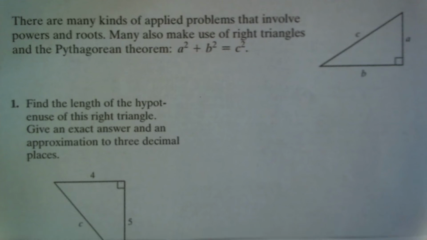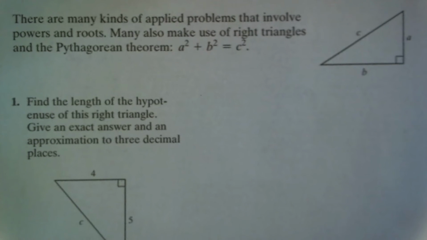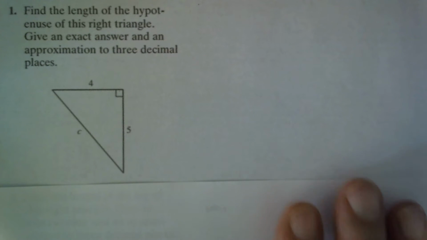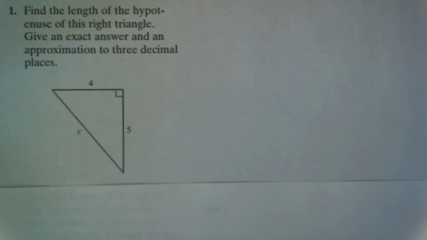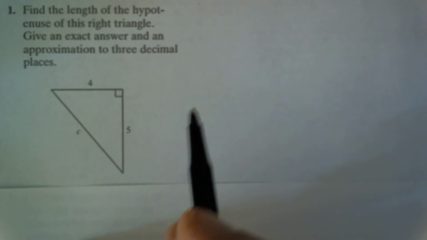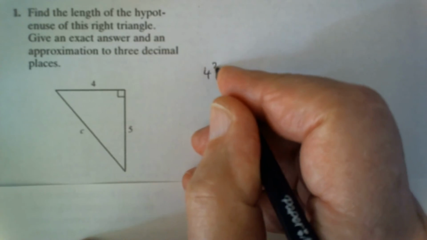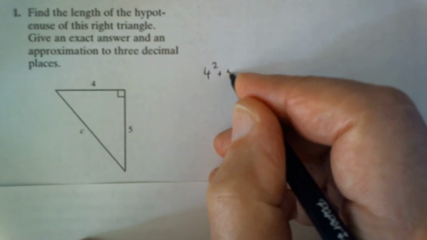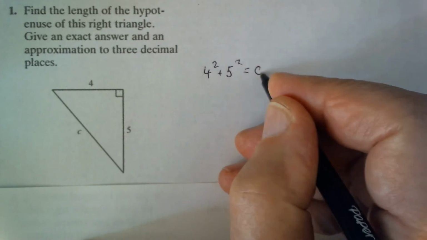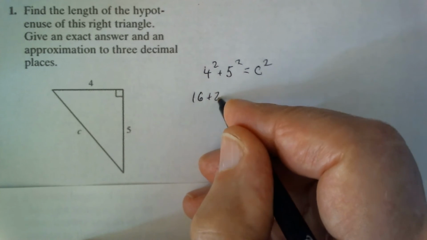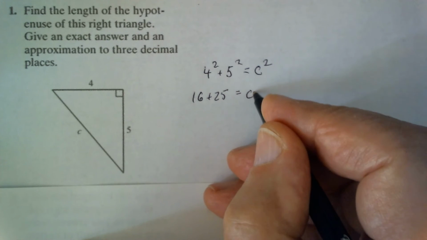And the first one is example 1. Find the length of the hypotenuse of this right triangle. Give an exact answer and an approximation to 3 decimal places. So from a squared plus b squared equals c squared, we get 4 squared plus 5 squared equals c squared, or 16 plus 25 equals c squared.